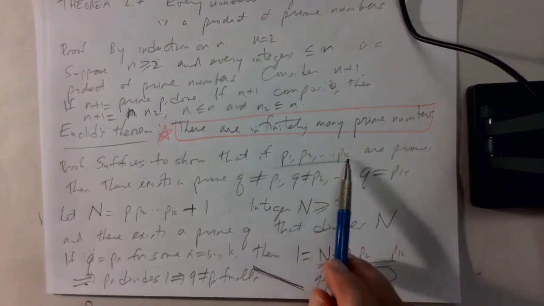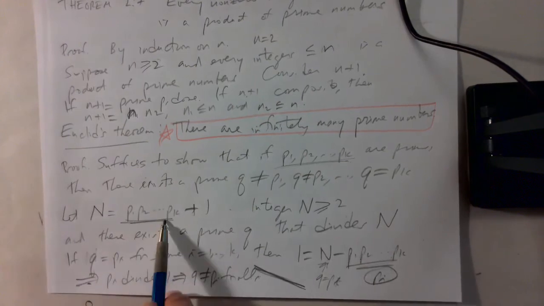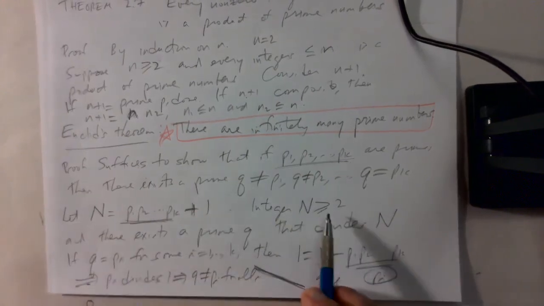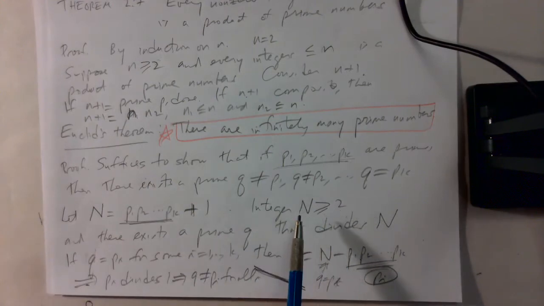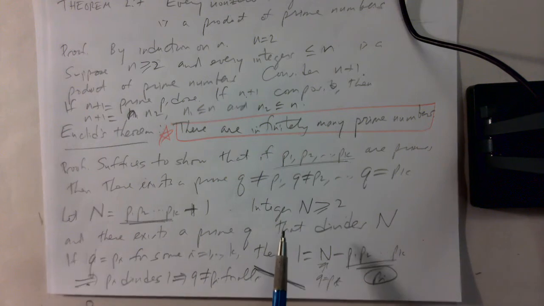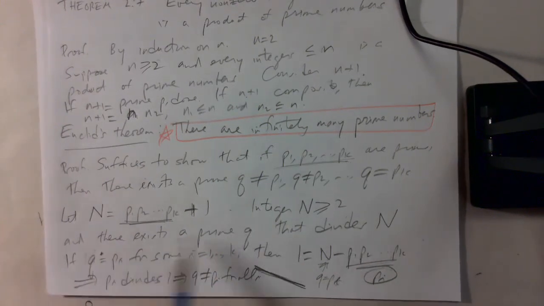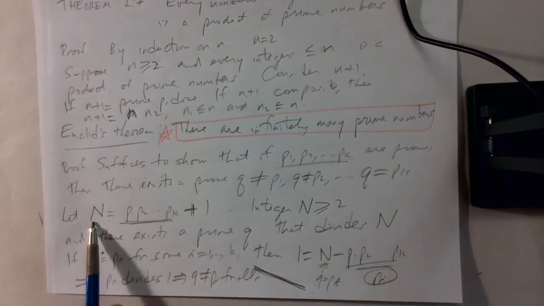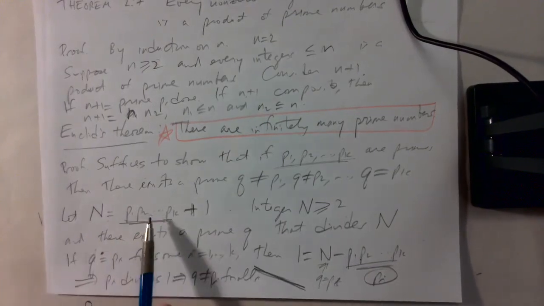So here's a finite set of primes. Multiply them together and add 1. So that's a positive integer bigger than 2. Every integer greater than or equal to 2 is a product of prime numbers. So there's some prime Q that divides N. If Q were equal to one of these primes, it would also divide this product.